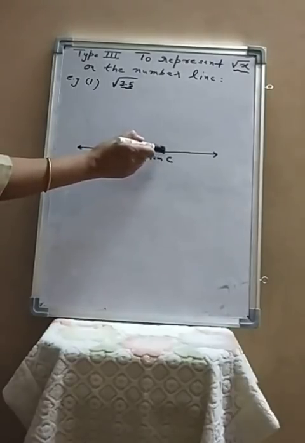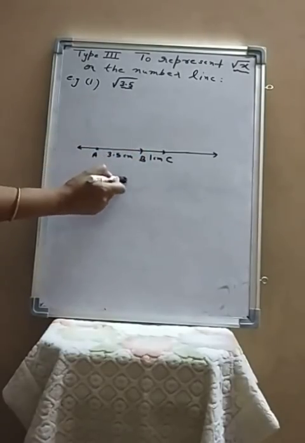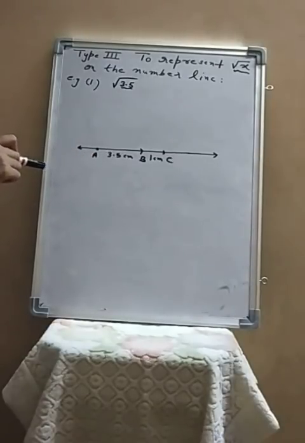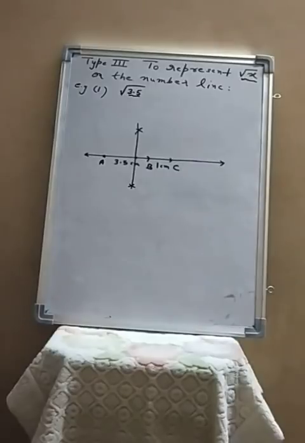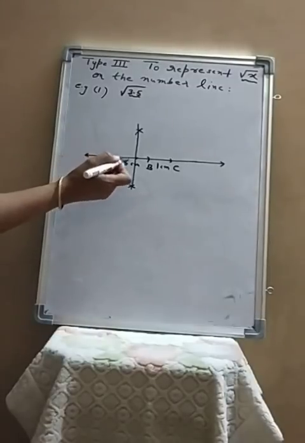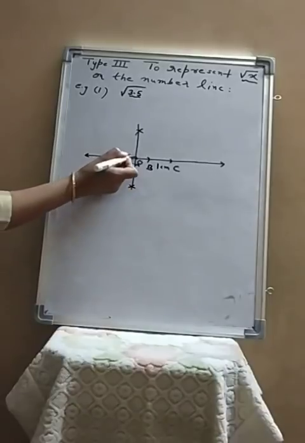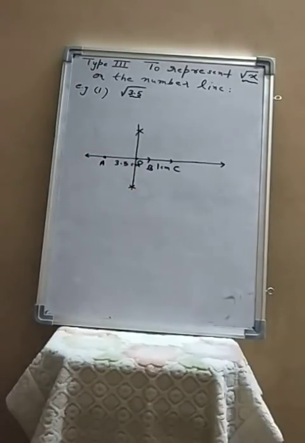Same way from C, I cut those previous arcs and joining them, I will get the perpendicular bisector of AC. The perpendicular bisector of AC meets it at point O. So this point is point O.